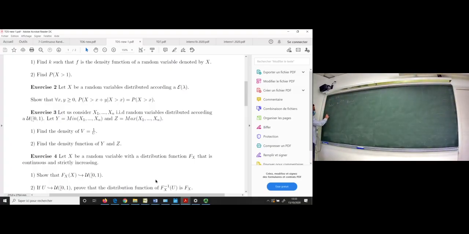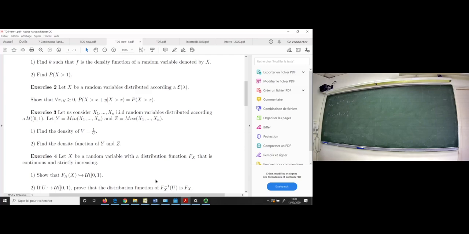So if I am interested in the probability that X is strictly greater than x plus y given X greater than x, it's what? The probability of the intersection.